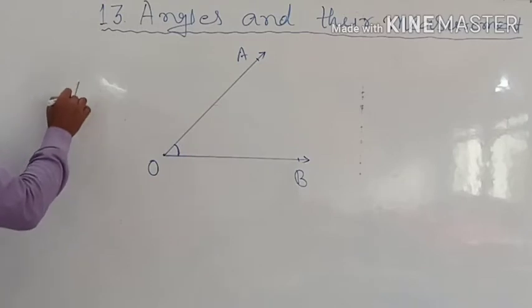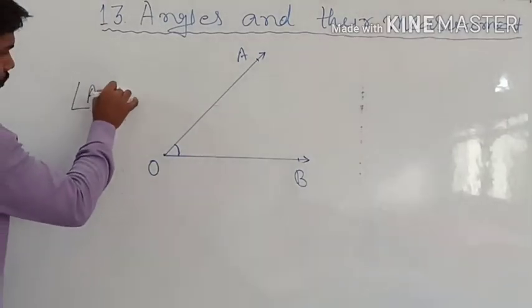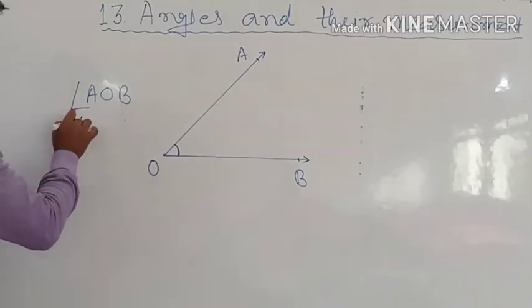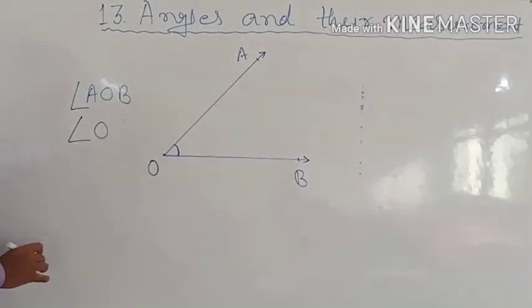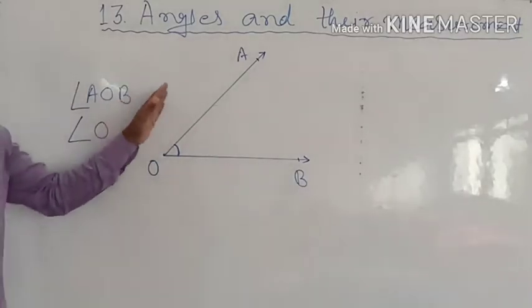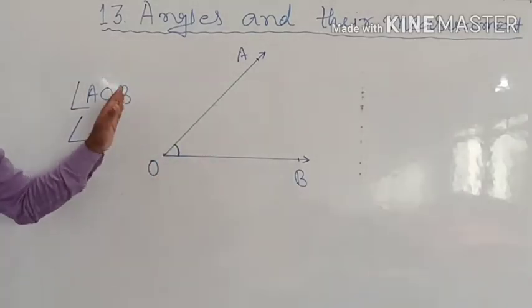So angle AOB. Or sometimes we write angle O only also. There are two ways of writing this angle. The name of this angle we can write in two ways.